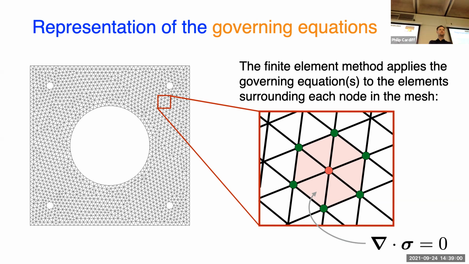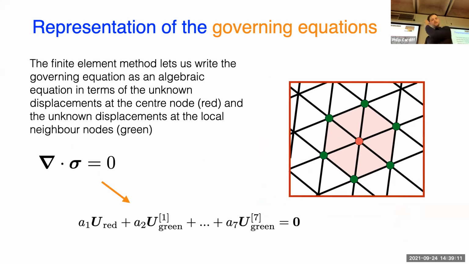What are algebraic equations? They're just like simultaneous equations. So it tries to rewrite this function as some number multiplied by displacement here, plus some number by here, plus some number by here. That's what the finite element method does, and the finite volume method, and the finite difference method, and all those methods, they all just do that. They just try to write it by some number like this, by this, by this. And these A1s, A2s, A3s, they call them coefficients.